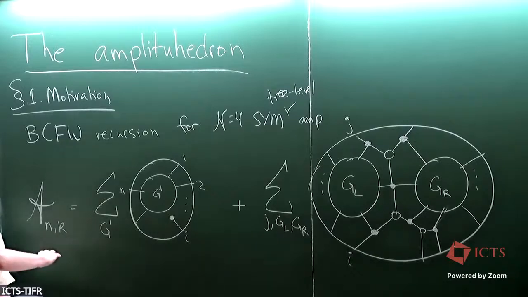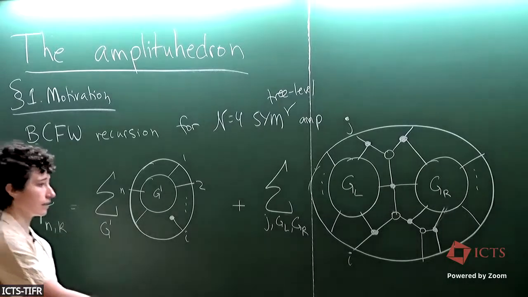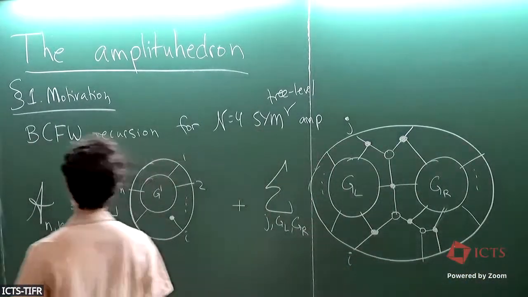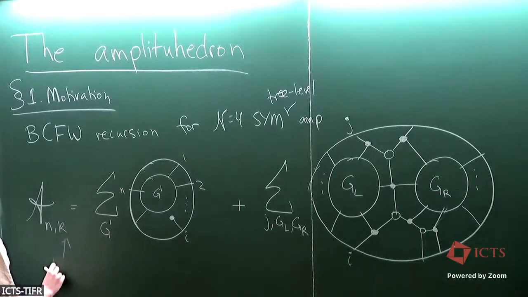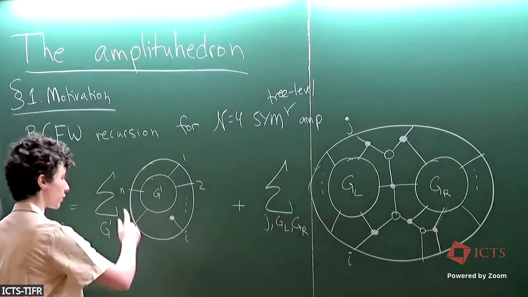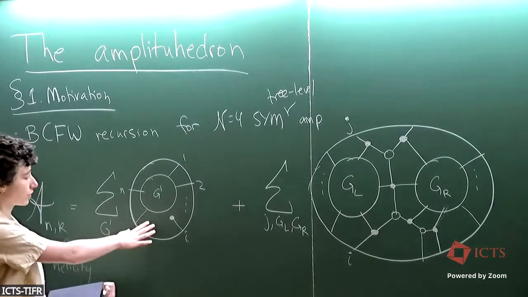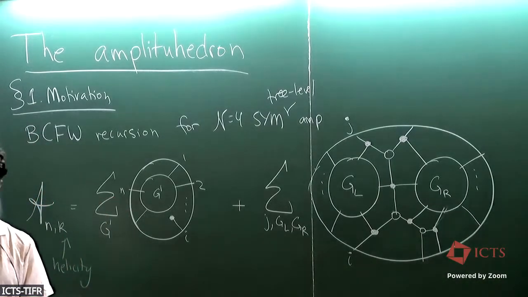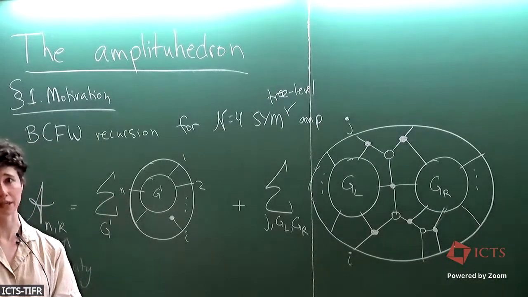Okay, so what is this recursion? Well, pictorially, it looks like this. We're talking about an n-point amplitude. The k tells you which helicity sector you're in. The way you should interpret this is each picture here represents a function, a rational function, in particular a Yangian invariant.